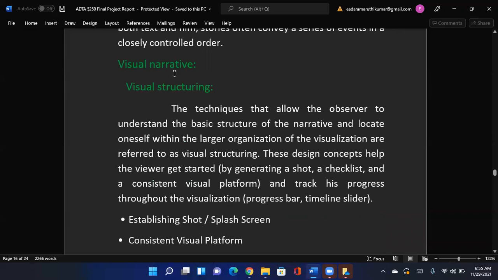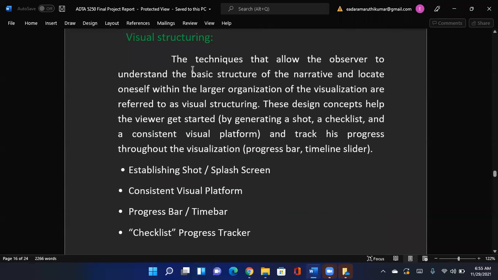In narrative visualization, first I'm discussing visual structuring. The techniques that allow the observer to understand the basic structure of the narrative and locate oneself within the large organization of the visualization are referred to as visual structuring.